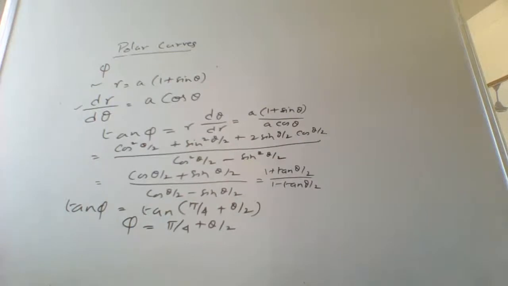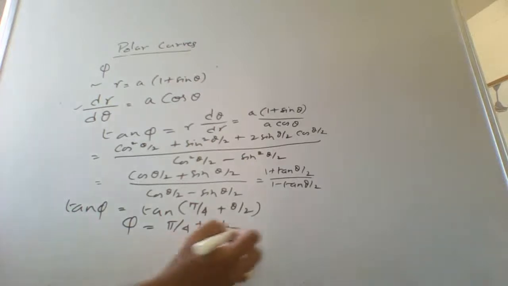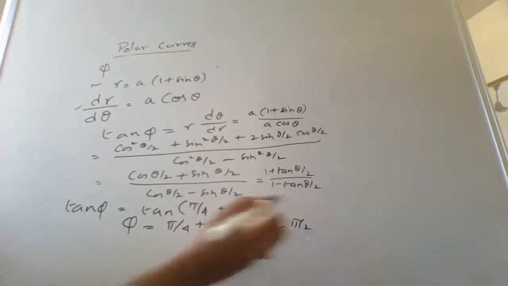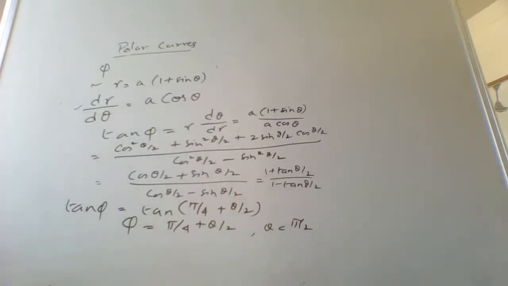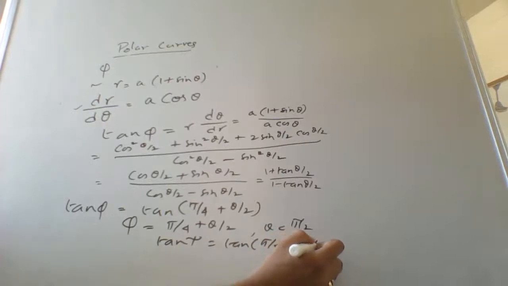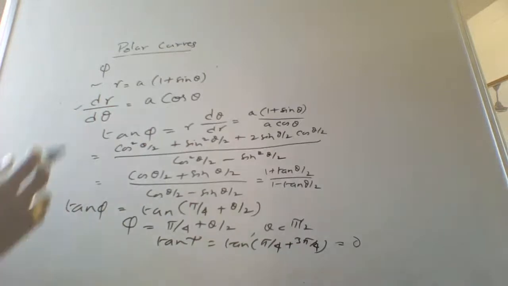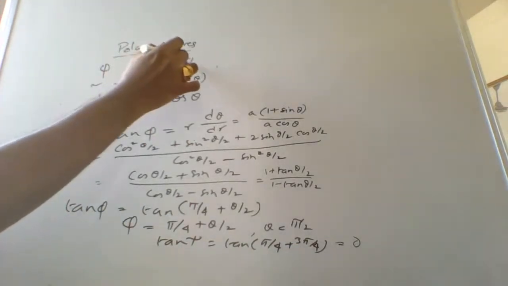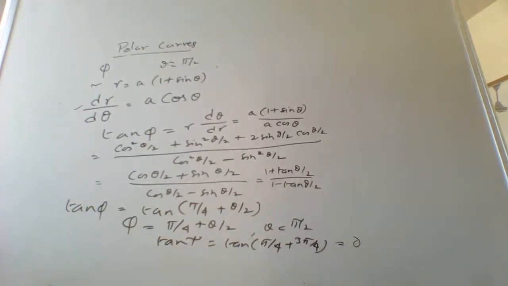Now theta being pi by 2, if you substitute, tan phi is tan of pi by 4 plus pi by 4. So the slope, when theta is given as pi by 2, is 0, tan phi is 0.